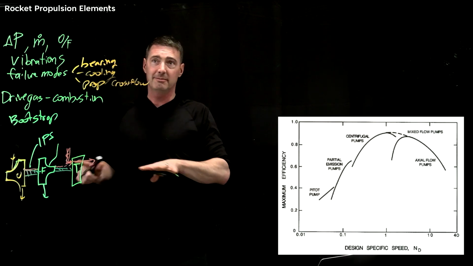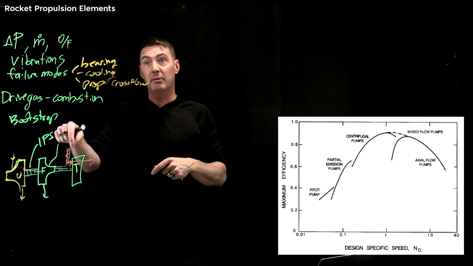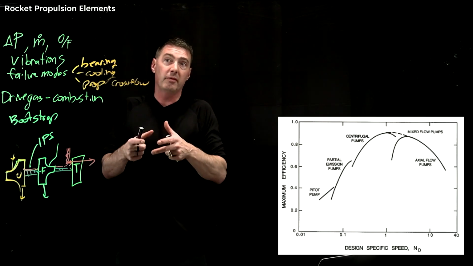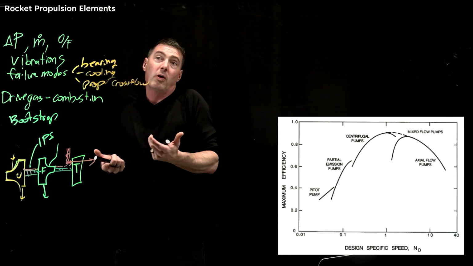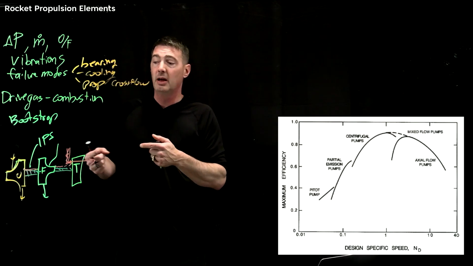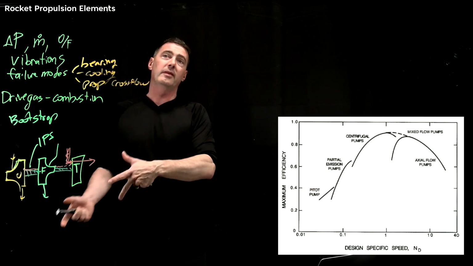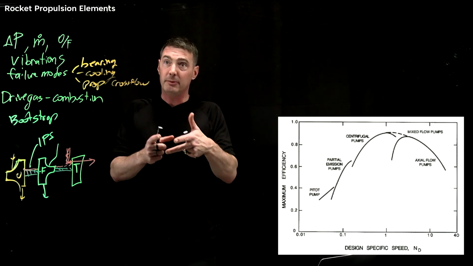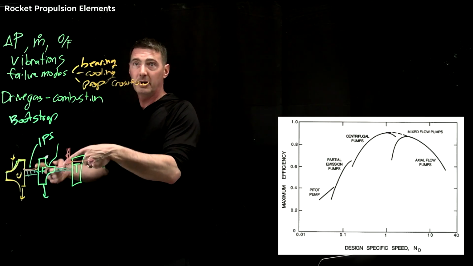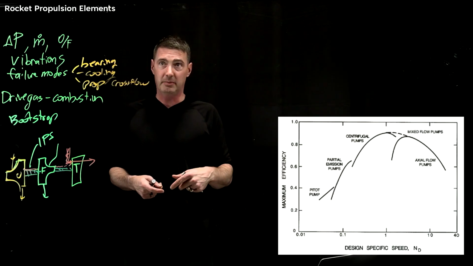This engine is at dead cold, and so the bootstrapping process is usually done with a gas, where you have some helium or nitrogen, some sort of bottle, usually a warm gas that is used to start driving the turbine. It's not much, but it'll start driving the turbine, which will start pressurizing this, which will then let you open up the valves to that side reaction, which will then drive this more, which will then open up the pressure more, which will then let you transition into your main combustion chamber, its combustion.